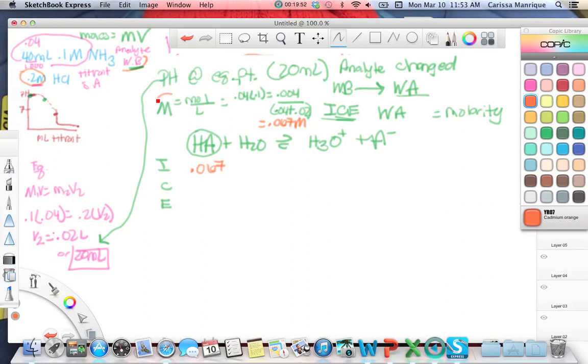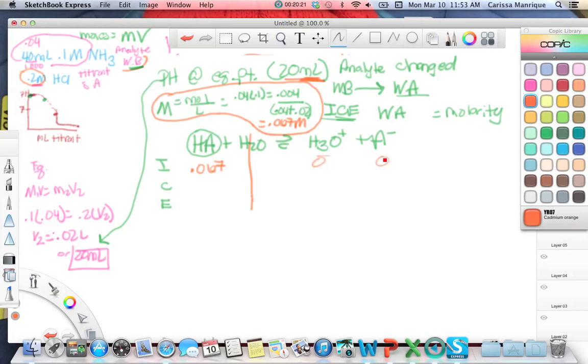You have to figure out your new initial molarity, because it's not the initial molarity of the initial problem, like we did in the other ICE table, because now we've added more volume. So we had to compensate for this 20 milliliters we added to the beaker. Okay, so now we have this. Now everything else is the same, so this is simple.